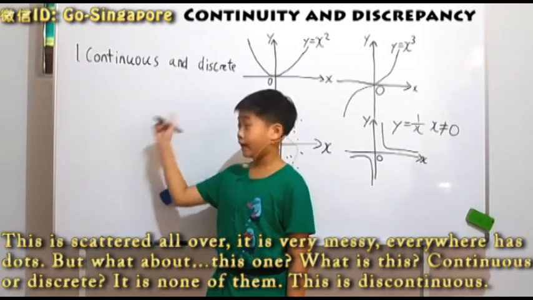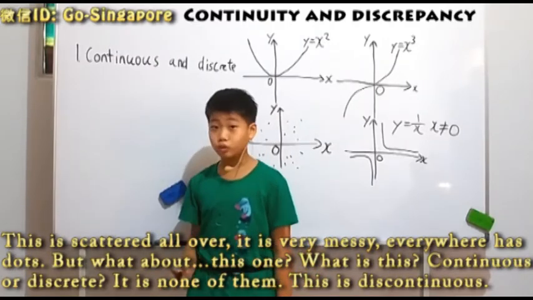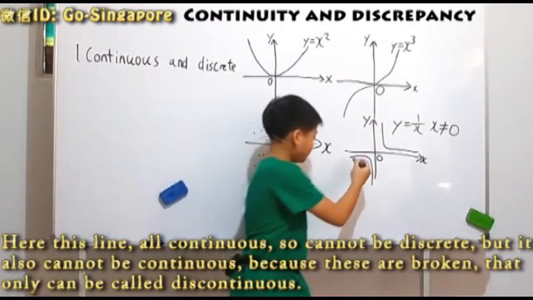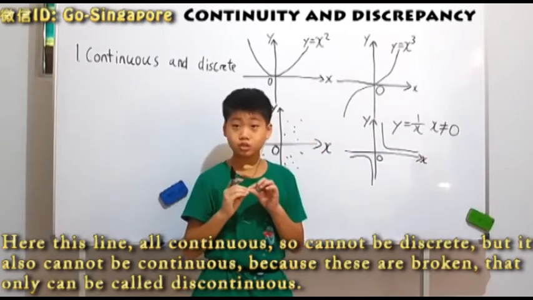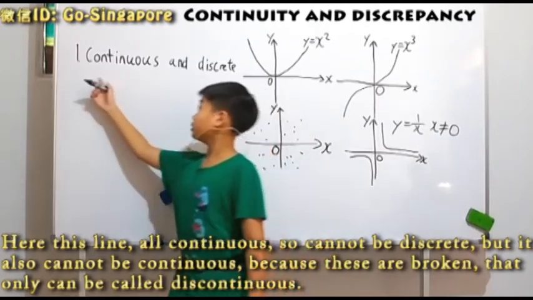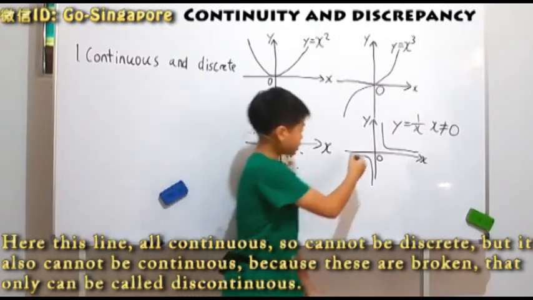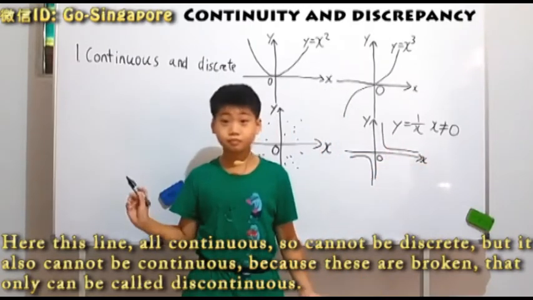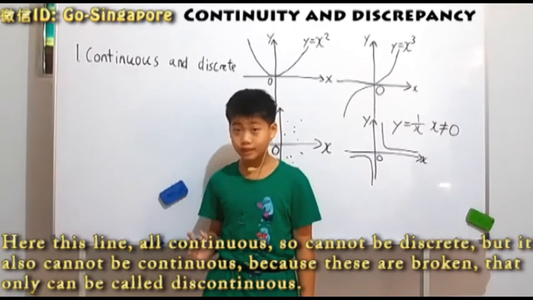It is none of them. This is discontinuous. Here, this line, all are continuous, so it cannot be discrete. But it also cannot be continuous, because these are broken. So it can only be called discontinuous.